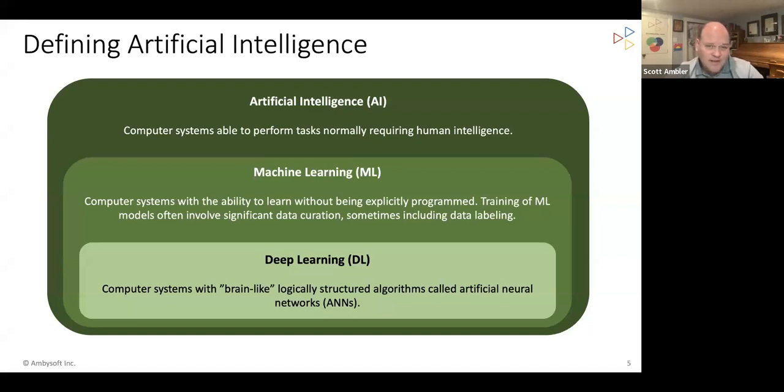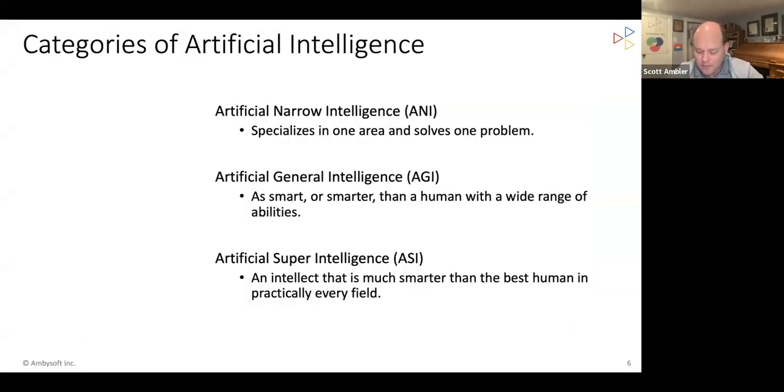We're getting close. We don't quite know when, and there are big arguments over when that's going to happen, but certainly not right now. So right now, we're probably a little bit beyond ANI, artificial narrow intelligence. Although the GPT class of technology has gone a little beyond that, it's still not that much.